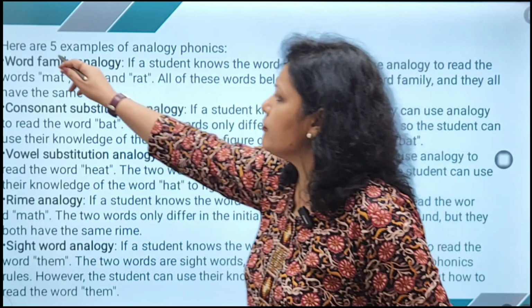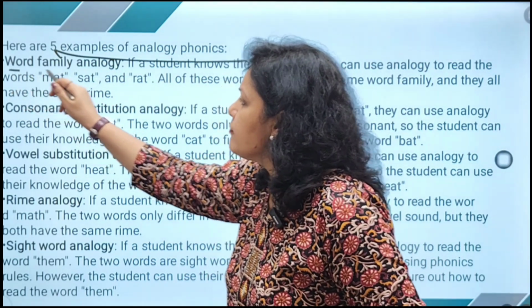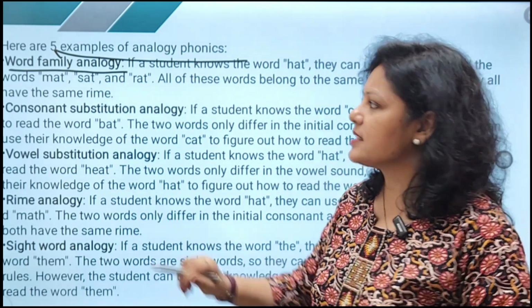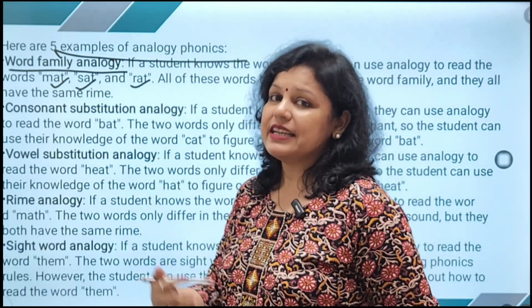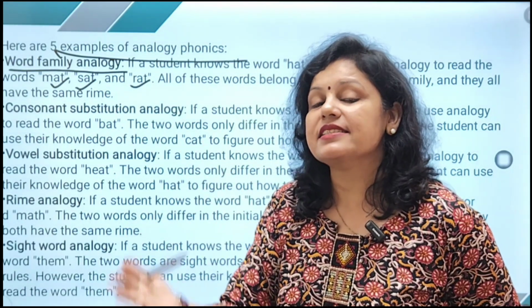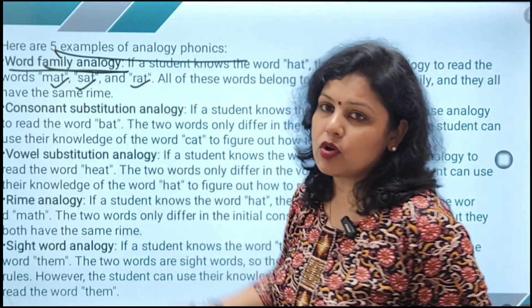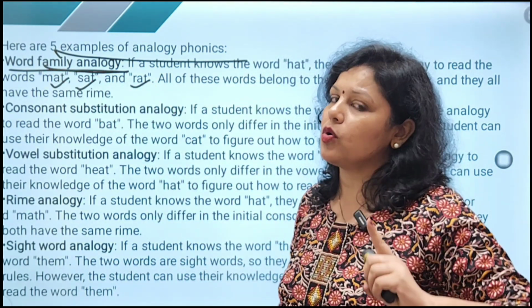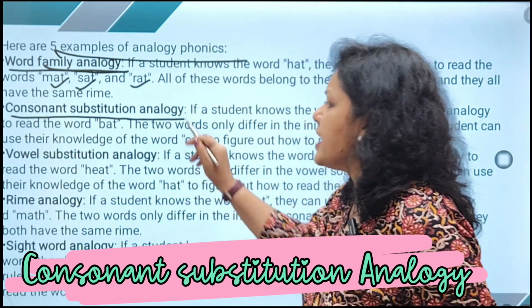Now, here are 5 examples of analogy phonics. Number 1, word family analogy. That is what I discussed, like mat, sat, rat, cat, fat, hat. So here at is the word family that we are recognizing. So word family analogy is the first way in which analogy phonics is performed. Similarly, consonant substitution analogy.